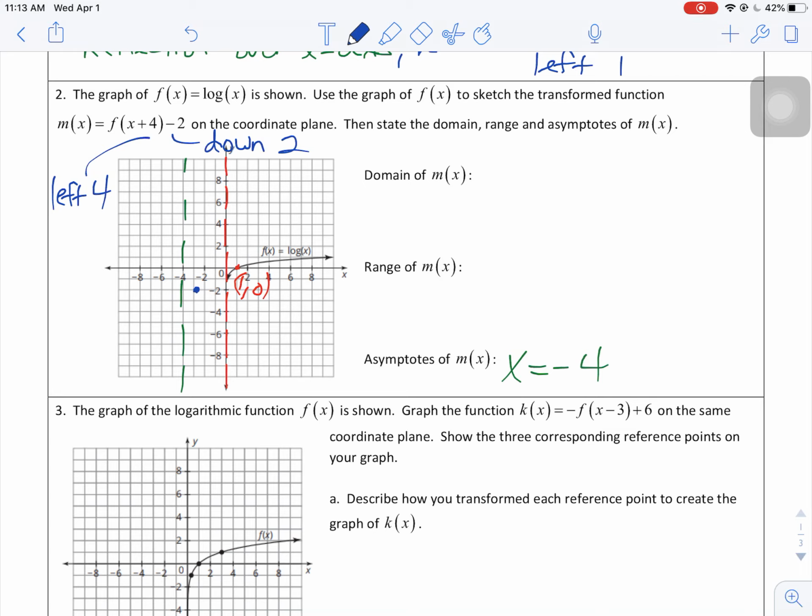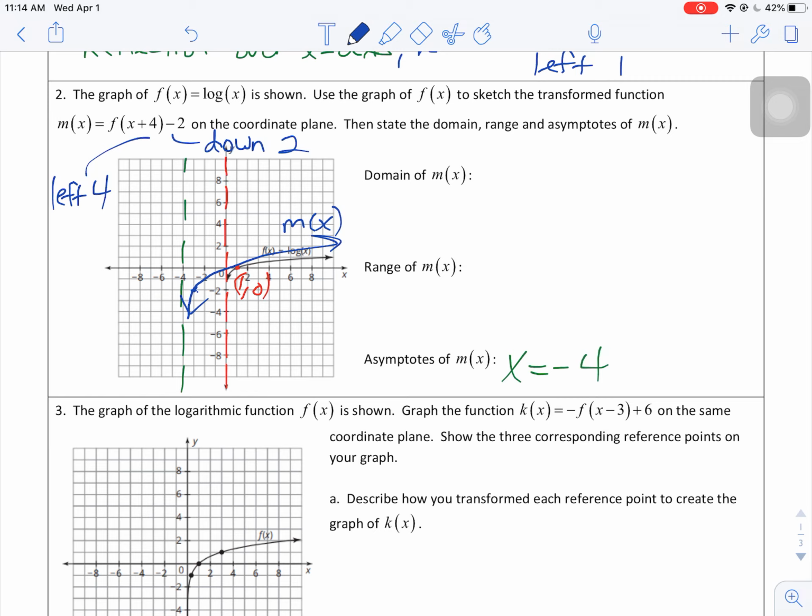It kind of moved a little bit. Let me see if I can move it back over a little bit. Yeah, right there. So that's left 4, down 2. And then I would want to just draw my graph in, so about like this.